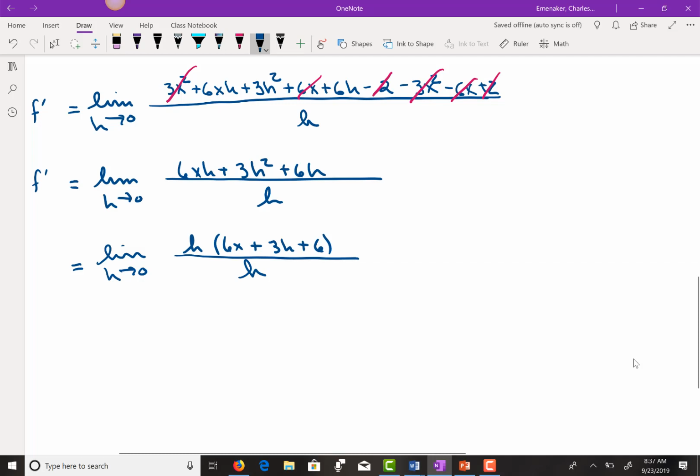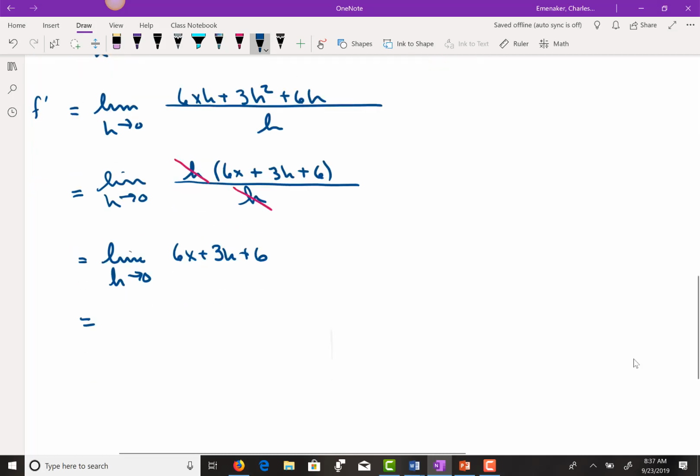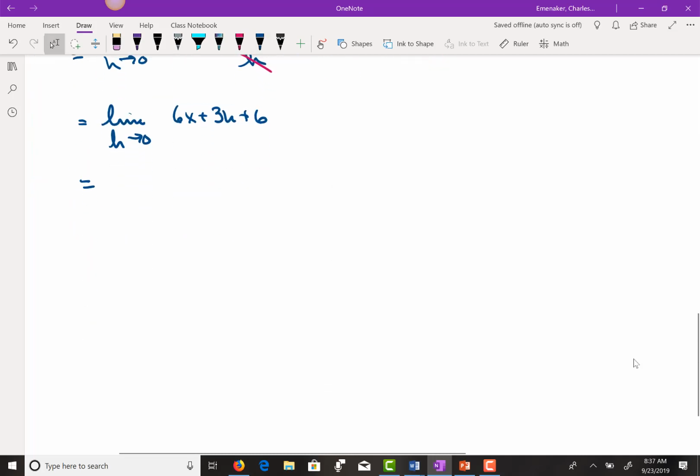But the cool thing about factoring out that h in the numerator is that now the h in the numerator, it's times everything, can cancel with the h in the denominator. Which is really good news, because now we have the limit as h goes to 0 of 6x plus 3h plus 6. And is it acceptable to plug in 0 for h at this stage of the game?